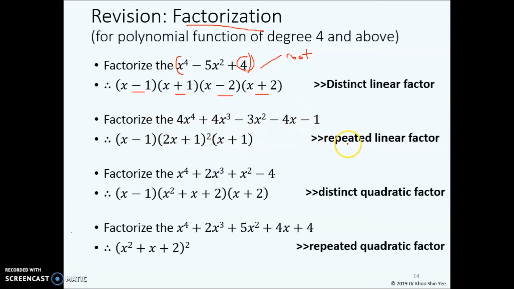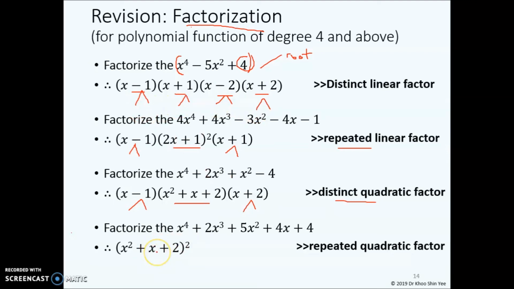So for the second case, you might have a repeated linear factor, which is this term. So you also have a distinct quadratic factor in this term. So you have a linear factor. So when you have a linear factor, there should be no issue to get this.